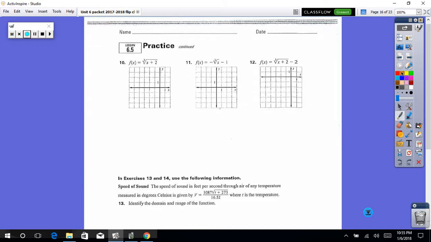Okay, number 10. Again, you could go through here and mark all these domain and ranges. I'm about to do it real simple and account for both of them in one set.